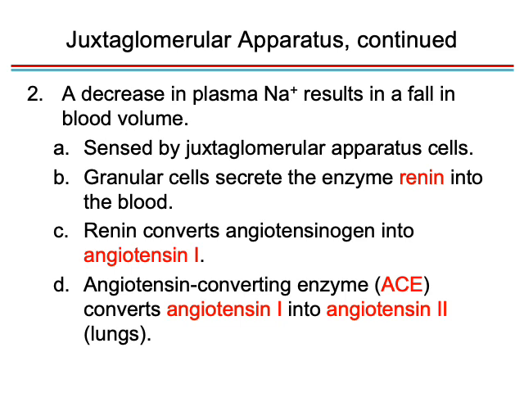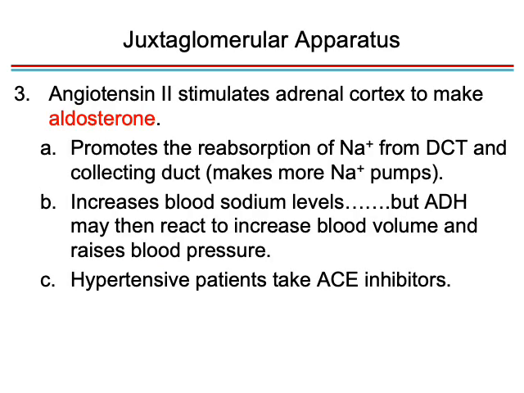Wait, we're not done yet. Finally, angiotensin 2 binds to receptors on the adrenal cortex cells, and it stimulates those cells to produce and release the steroid hormone aldosterone.